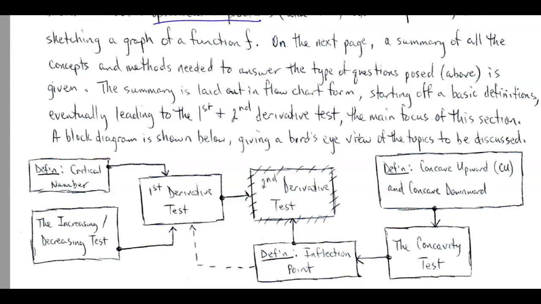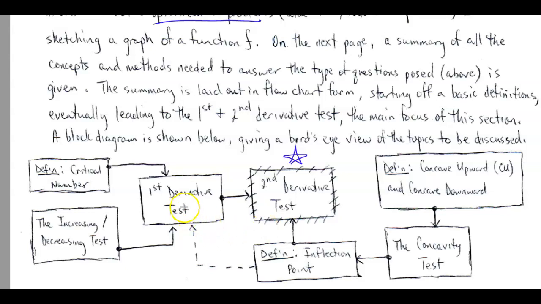This block diagram is trying to show you how some of the concepts that we should have learned already, and concepts that we are going to learn in this video, all converge upon this notion of doing the second derivative test. In short, the second derivative test uses a critical number or critical value and second derivatives to determine if an x value is going to be a location where you have a local min or local max.